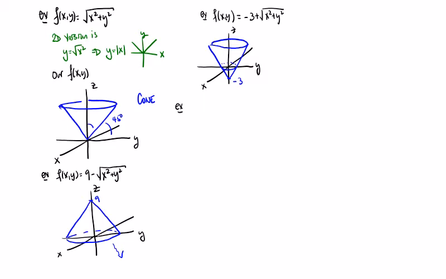All right, two more. Instead of writing f of xy, I'll write z, but I'll write something like x equals the square root of y squared plus z squared. So what I've done here, compared to the very first one, is interchanged the z and the x. So what happens here is this opens up around the x-axis.